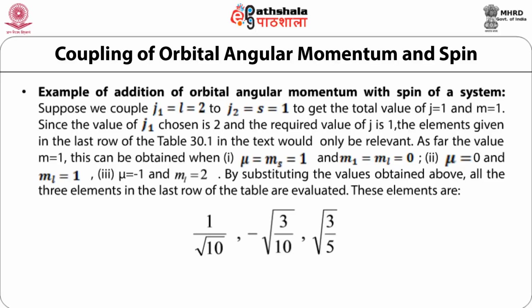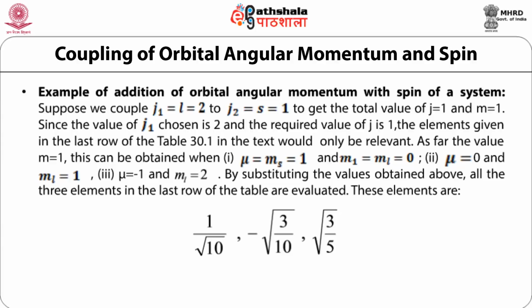As a first case, let us suppose that we couple the state J1 equal to L equal to 2 to the state J2 equal to S equal to 1, so that the total value of the angular momentum J is 1 and the total value of the magnetic quantum number M is also 1.